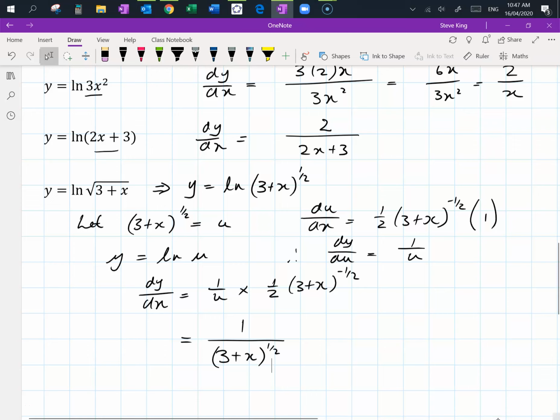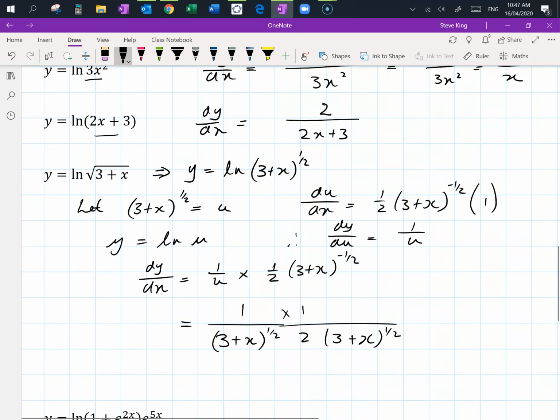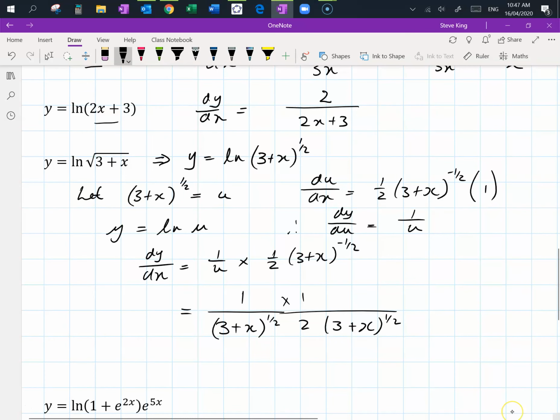That half, I can extend this line on. That half is going to be over there, 1 over 2. And this 3 plus x to the minus a half, that minus a half is simply going to pull this down to the bottom. We're going to have this 3 plus x to the power of a half. And what does it leave me with?